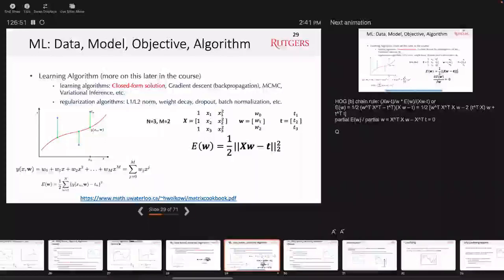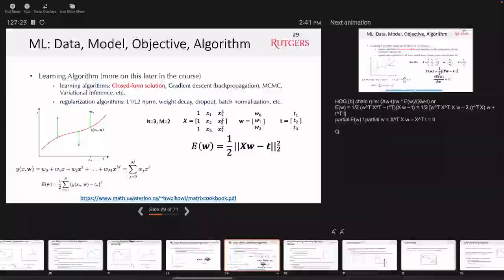It's actually our y of x1, w minus t1, squared. Right? And the square of our second entry is y of x2, w minus t2, squared. And we have the third component, which is the square of the third entry.